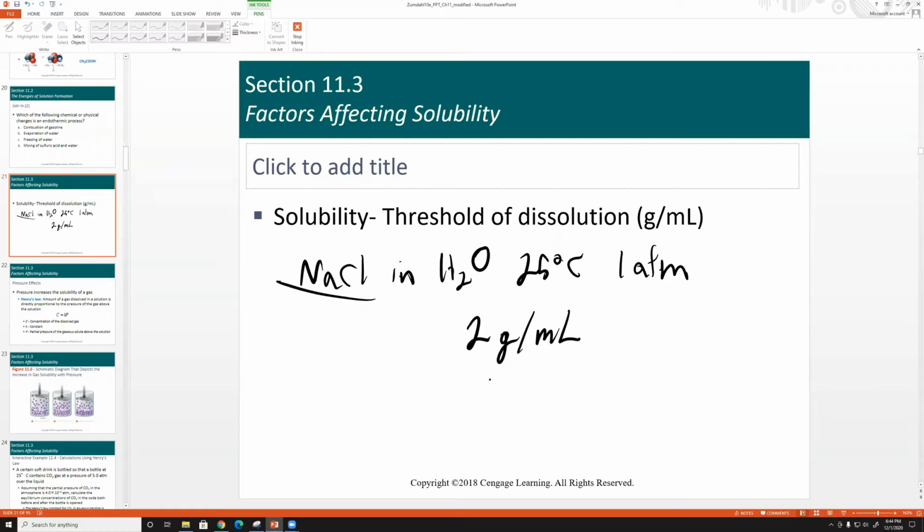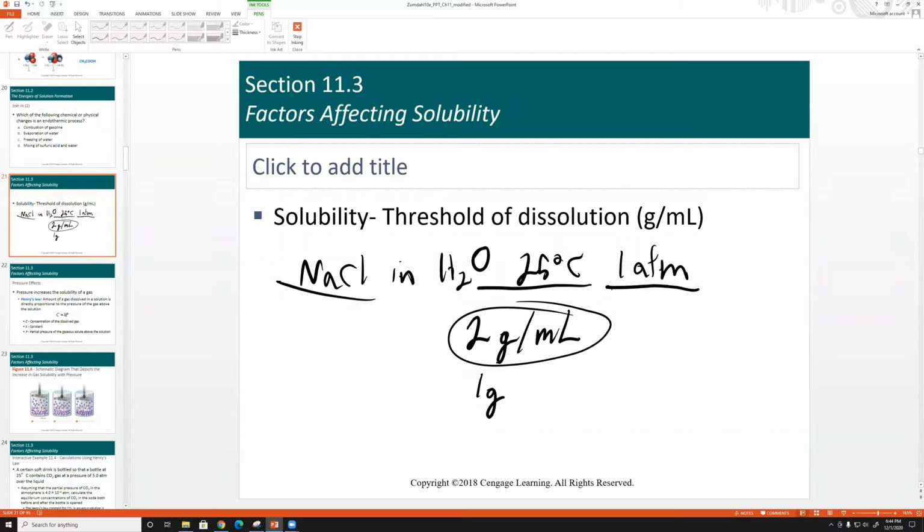If I put in 1 gram, that means another gram could dissolve. If I put in 3 grams, only 2 will dissolve, and there'll be 1 left over as a precipitate. It'll still be solid. It won't dissolve at all. So this solubility is a threshold. Once the threshold is met, no more solute can be dissolved unless you change one of these 2 factors: temperature, and, more so with gases, pressure.